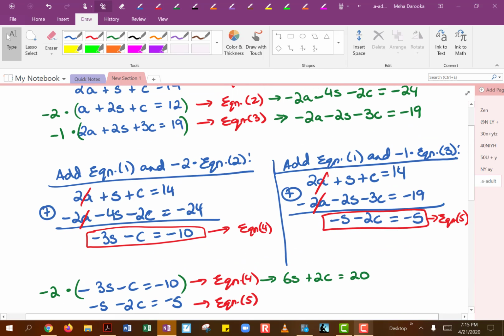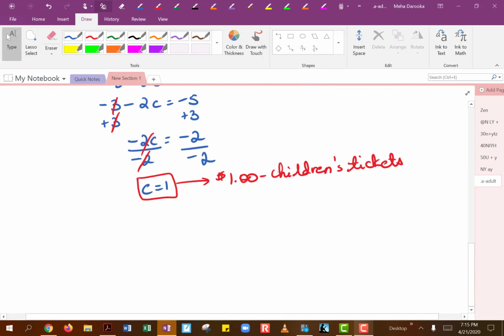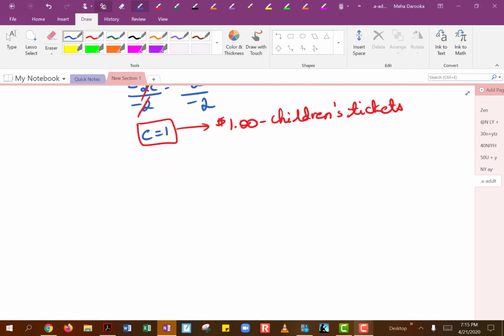Now what we need to do is find the adult ticket prices. For that we need to use one of the original three equations. How about we use equation 1, 2a plus s plus c equals 14. So we are finding a.